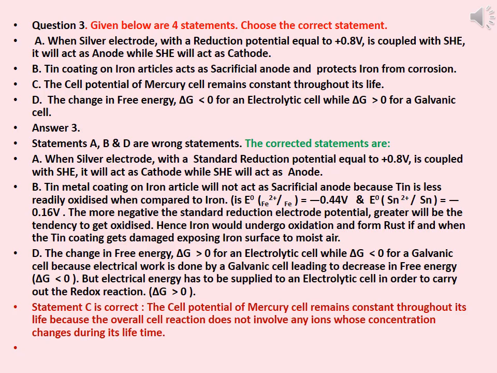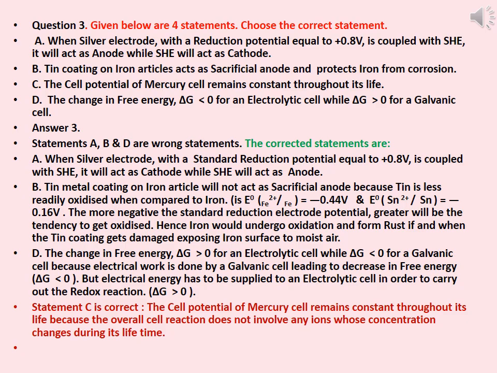Statement D. We know that in electrolytic cells, energy has to be supplied, electrical energy has to be supplied in order to carry out the redox reaction. In electrolytic cells, therefore, delta G would be greater than 0.